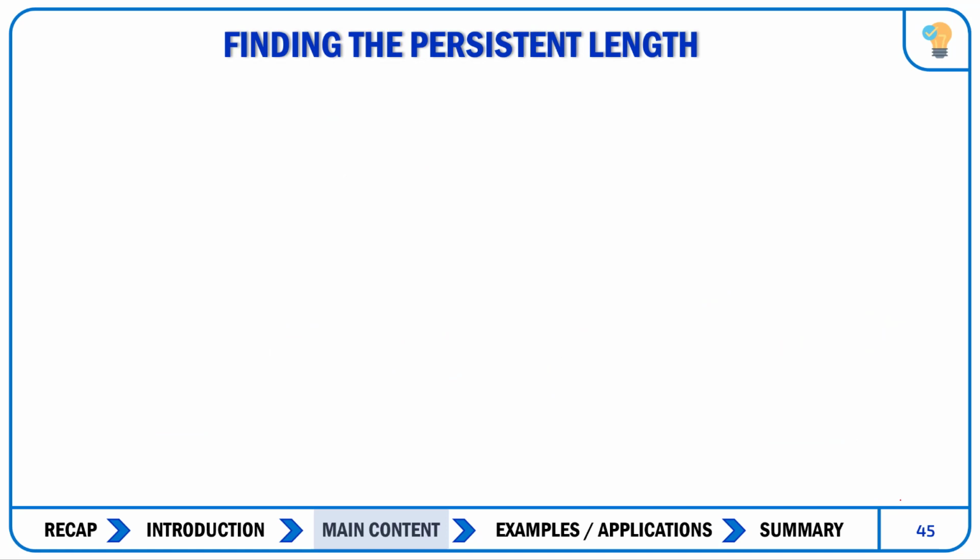Let's now take a look at being able to figure out what the persistent length is. The persistent length is going to be, let's first start off with 1/2 kappa B. We have LP over LP squared is approximately equal to kBT.